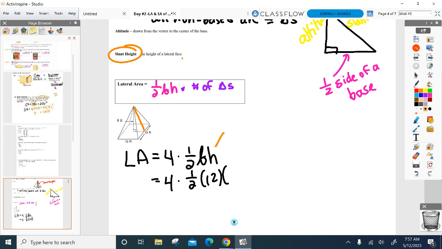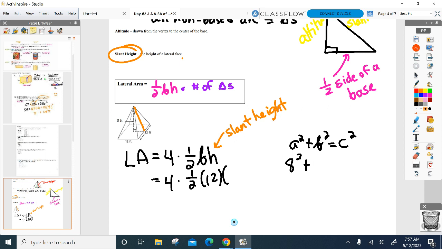This ends up being the slant height. How can I find it? Pythagorean theorem. 8 squared plus, what about that other leg? Remember what we said, it's half the base.